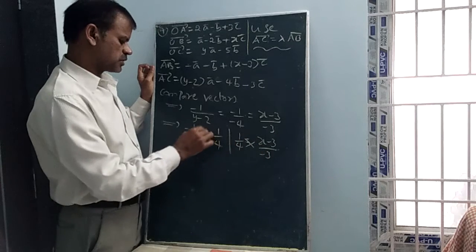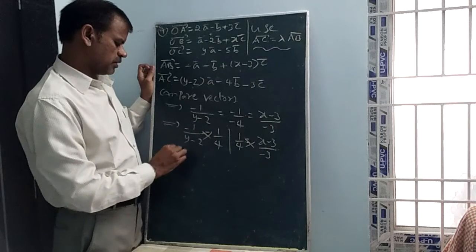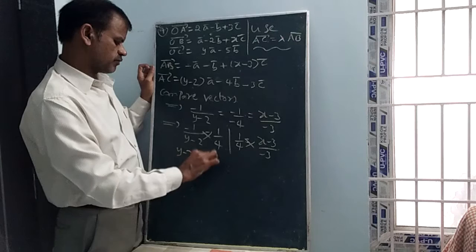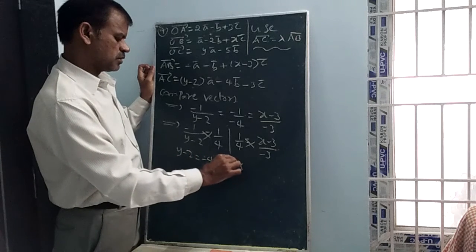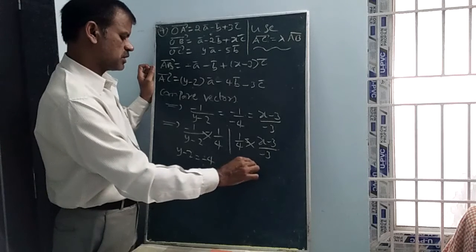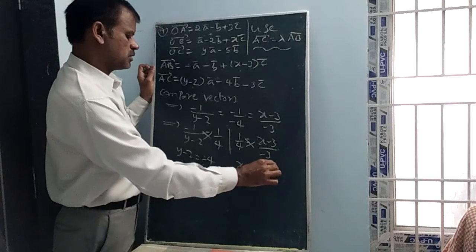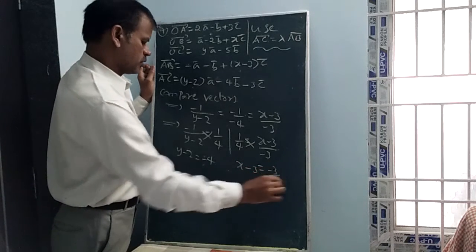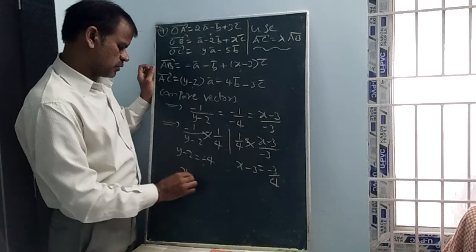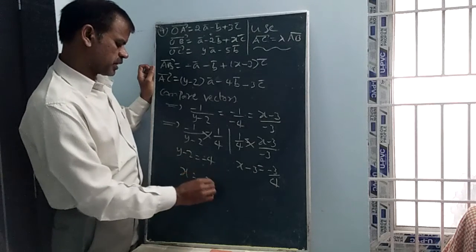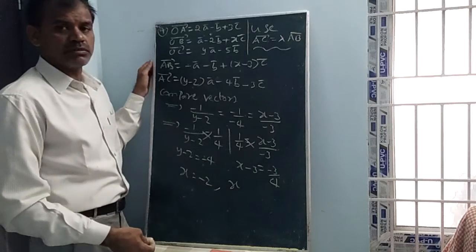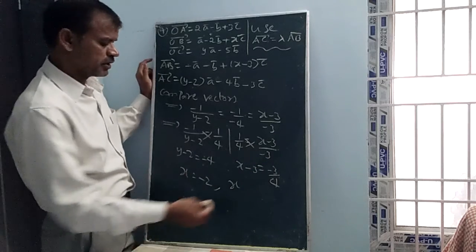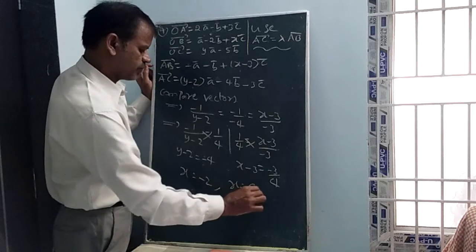Taking cross multiplication, y minus 2 is equal to minus 4, and 4 into x minus 3 is minus 3. So x is equal to 3 minus 3 by 4; taking LCM 4, we get 12 minus 3, so it is 9 by 4.